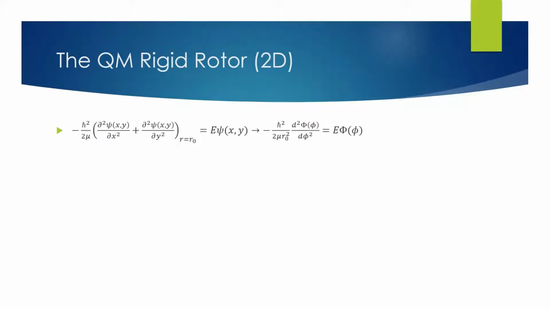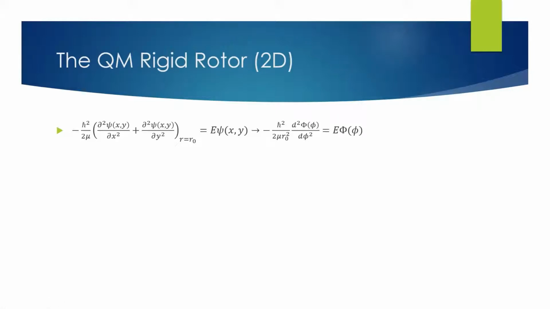I don't expect you to be able to change the variables from Cartesian to polar or spherical coordinates, but that is all that we have done here. Rather than considering derivatives with respect to x and y, if we change to polar coordinates, we only have the angle that is changing. In this case, the symbol that we use for angle is phi. So now our wave function becomes a function of just phi, and our angle changes throughout rotation.